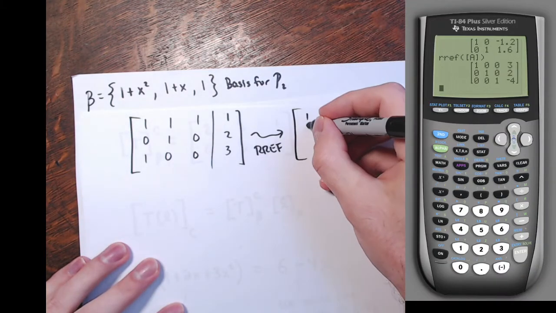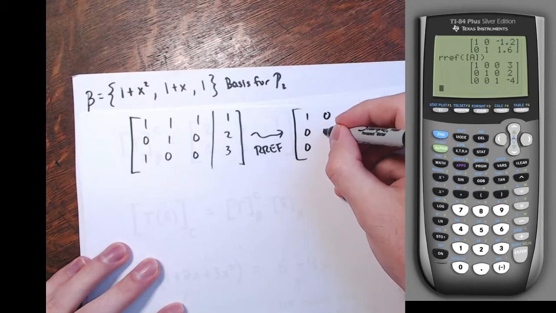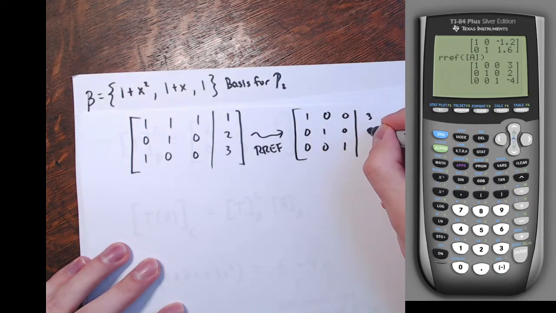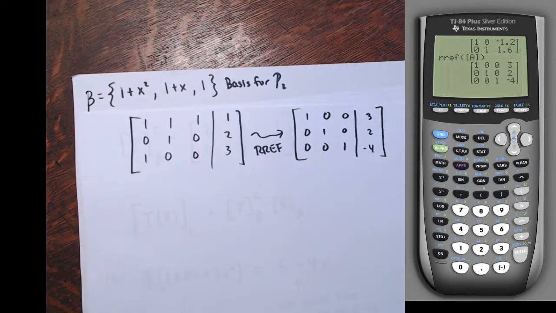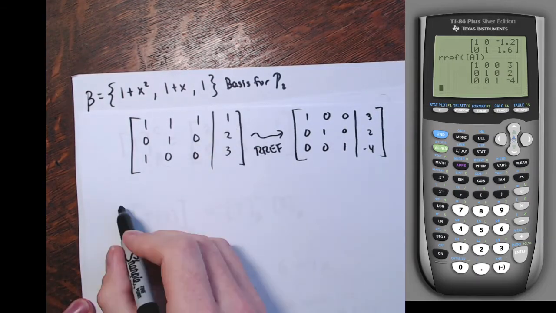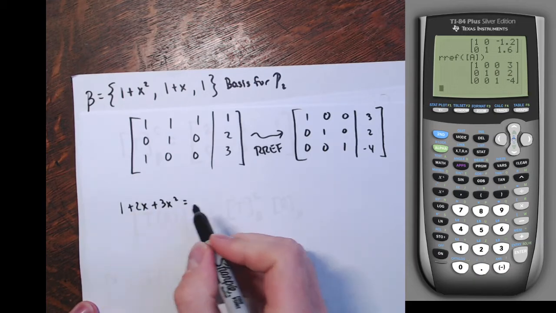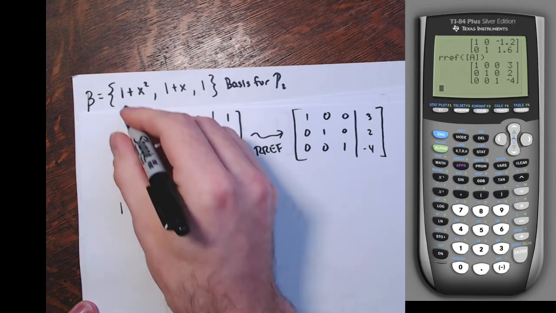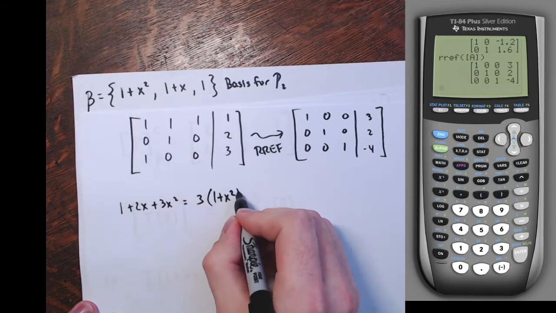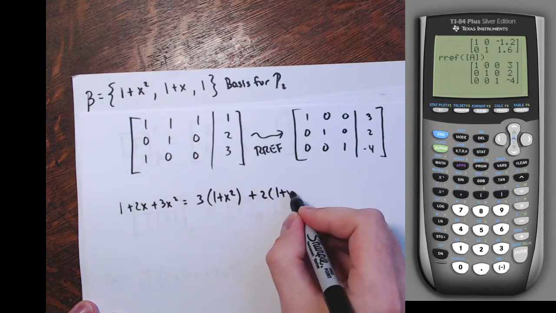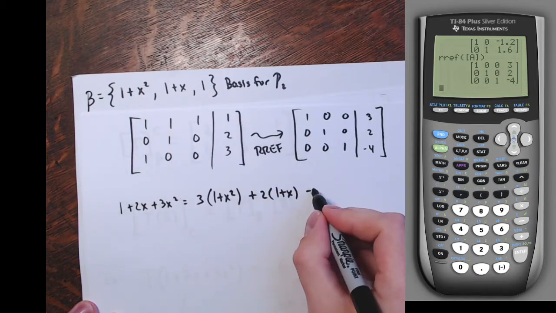Okay, so we're getting this. All right, and again, all this is telling me is that 1 plus 2x plus 3x squared is equal to 3 times 1 plus x squared plus 2 times 1 plus x plus negative 4 times 1. Right?